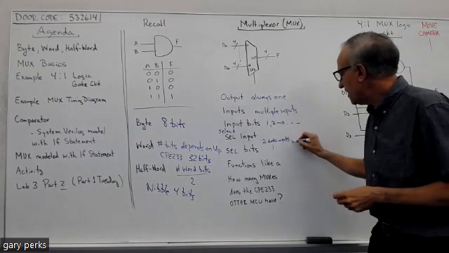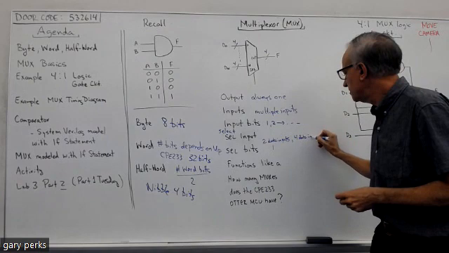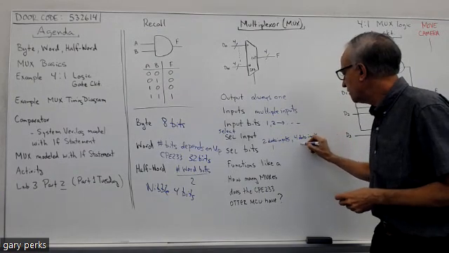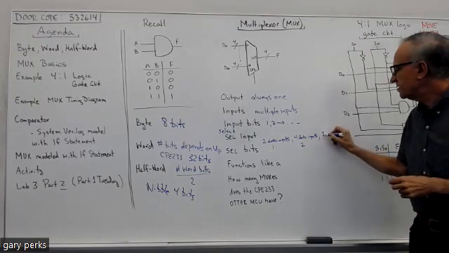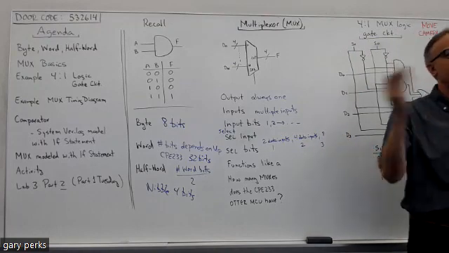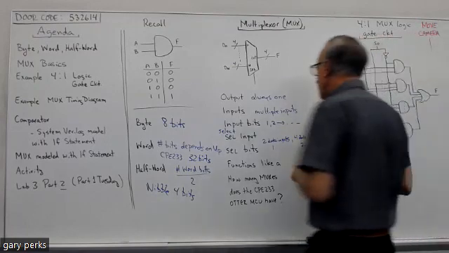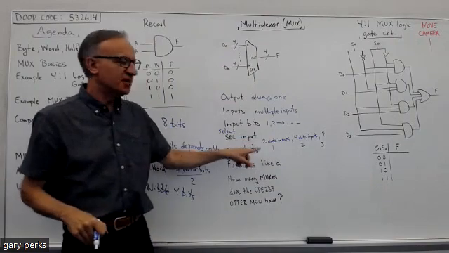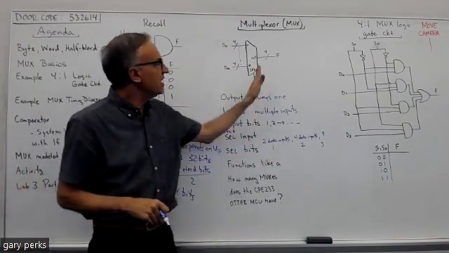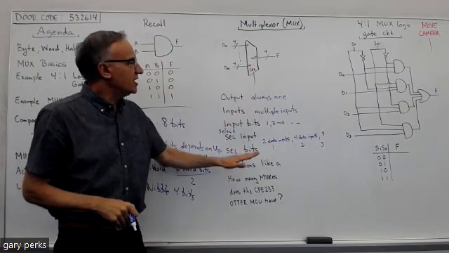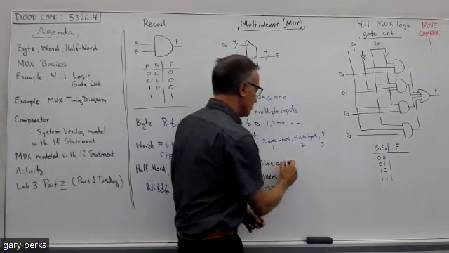If we had 4 data inputs, we would need 2 select bits. If it was 8, we would need 3. 16, we would need 4, and so on. And the reason there's this relationship between the number of data inputs we have and the select bits is because a mux basically acts like a multi-position switch.